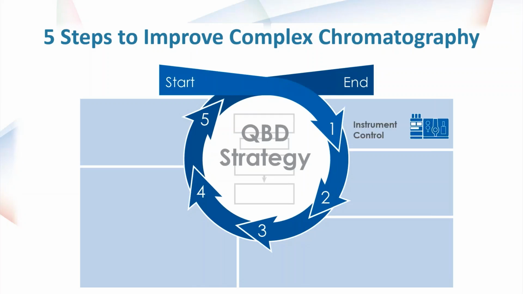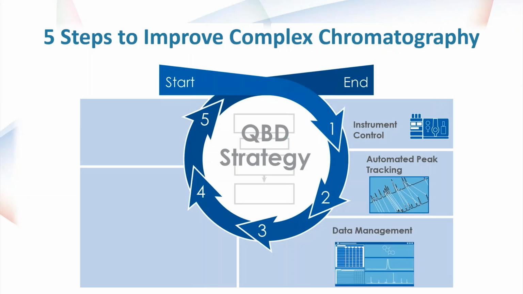The first step is direct instrument control. The second step is automated peak processing and peak tracking. This is integrated with a data management system where all the information that was generated from the acquired data resides and allows you to make quick decisions based on observing the live analytical data and chromatographic information.